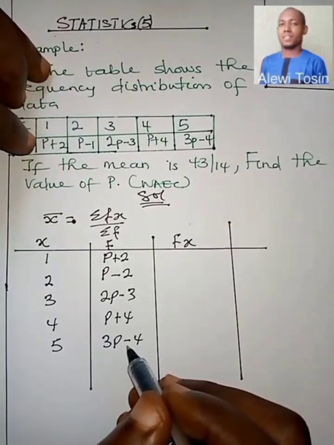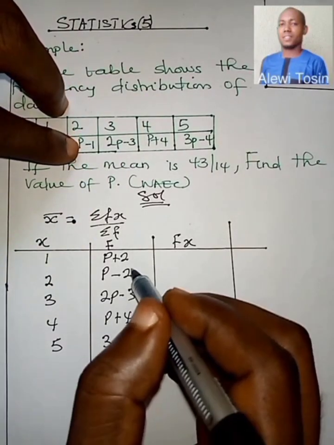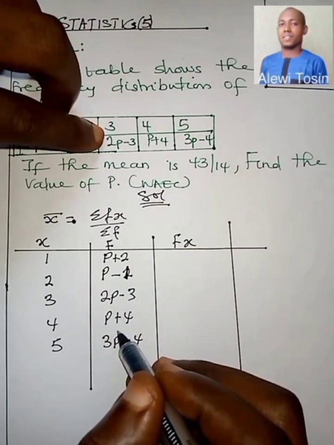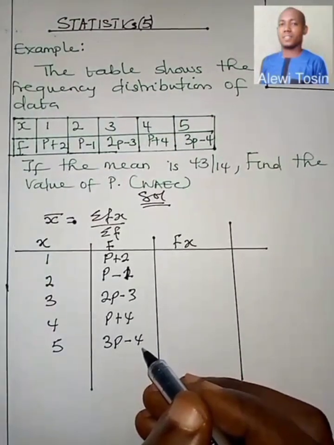So let's confirm that: p plus 2, p minus 1, 2p minus 3, p plus 4, 3p minus 4. Okay, you are good to go.